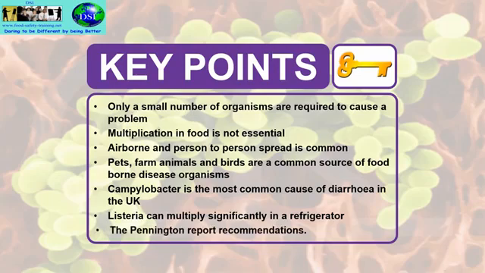And the Pennington Report recommendations, that's something that we didn't cover, but the Pennington Report came into being several years ago when food poisoning occurred in Wishaw in Scotland, where 22 people died, mainly elderly people, from E. coli O157. It was all due to infection or cross-contamination between raw meat and cooked meat. And Pennington put together recommendations to prevent any further outbreaks.